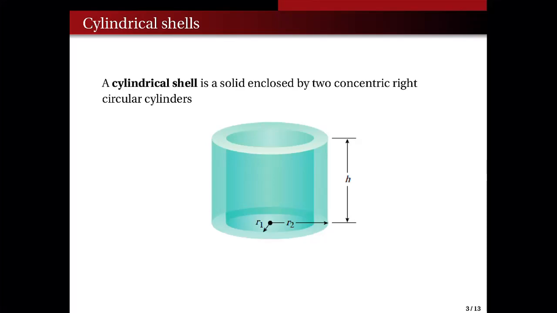Now, to get the volume of the cylindrical shell, it's similar. You just need to get the volume of the bigger cylinder without the hole, and then the volume of the smaller cylinder without the hole, and subtract the volume of the smaller cylinder from the bigger cylinder.